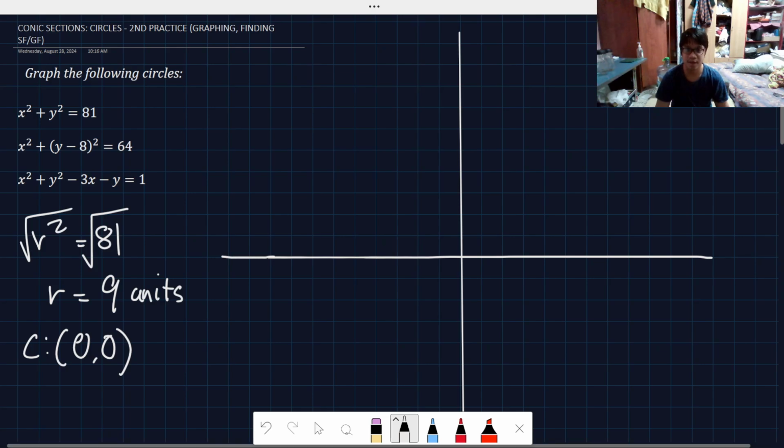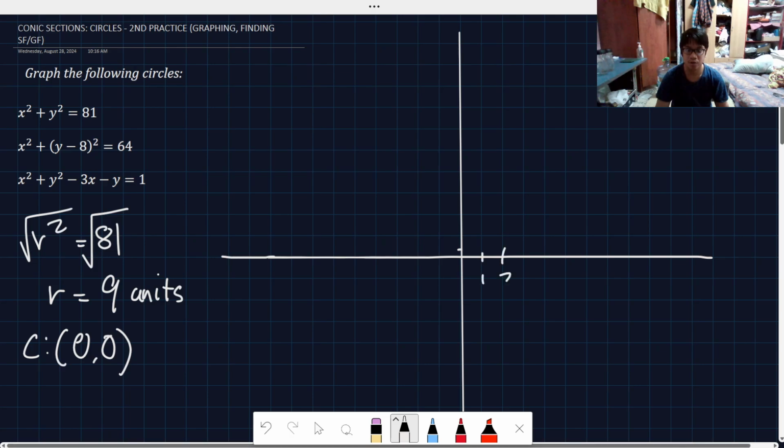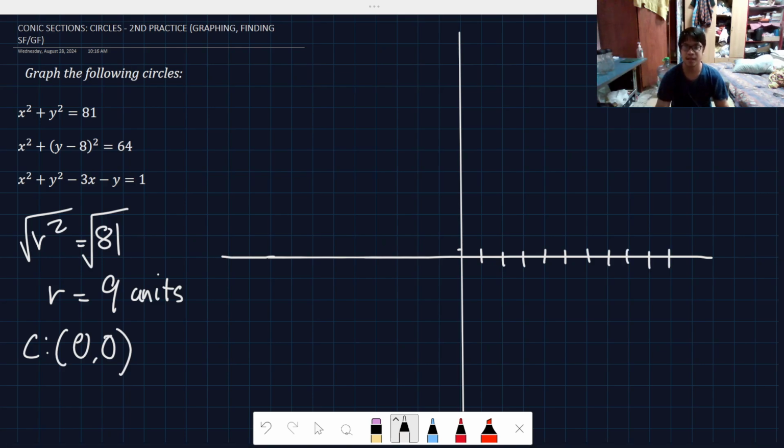So if I start at 0 here, I will have 1, 2, 3, 4, and so on, up to 10. Let's stop at 10. And I will do the same thing for the other line.